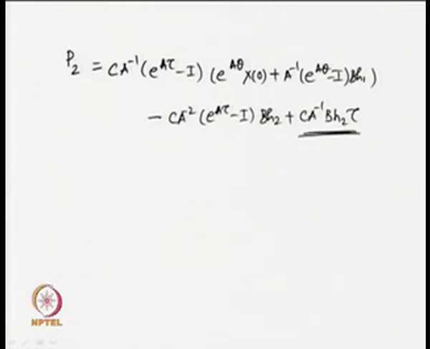So, keep in mind the last term, interestingly, is found in the form of c A inverse b h2 tau.